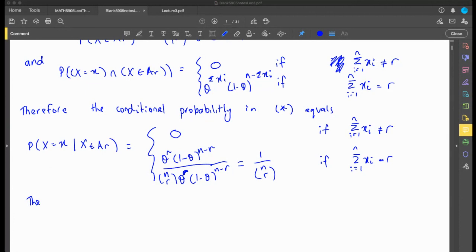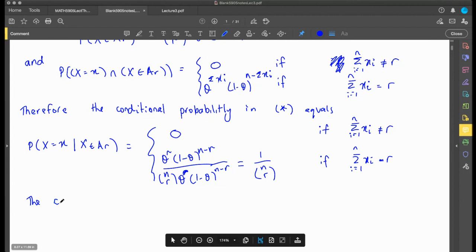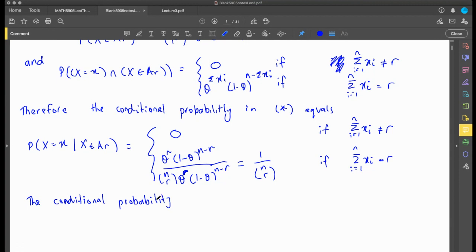Yes, so the question is basically: it's sufficient because this conditional probability doesn't depend on theta. That is correct. This isn't the general way in which we'll show sufficiency, but this is how you would do it if you wanted to do it by definition.